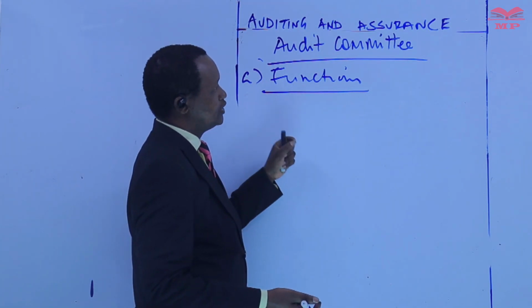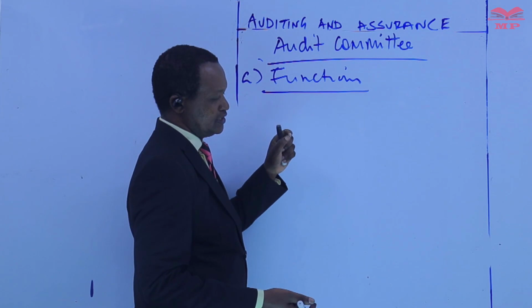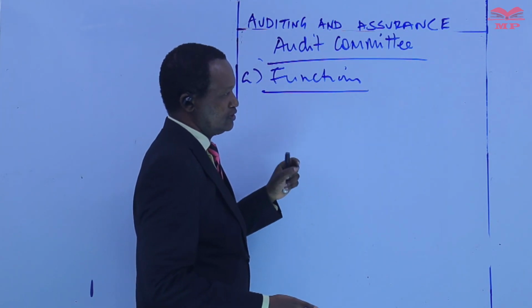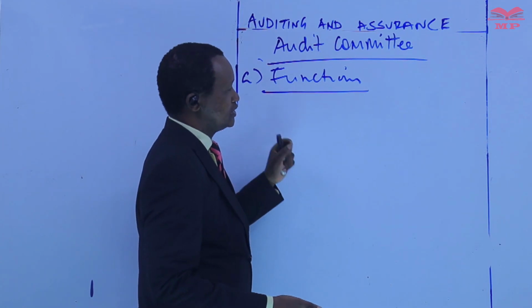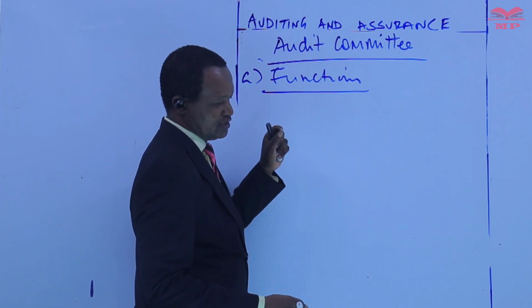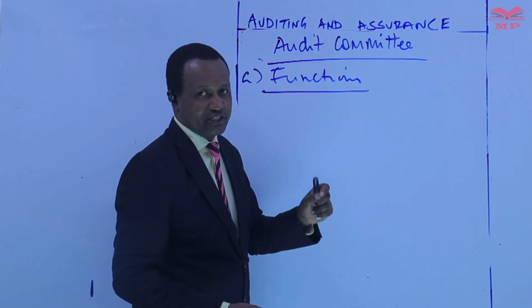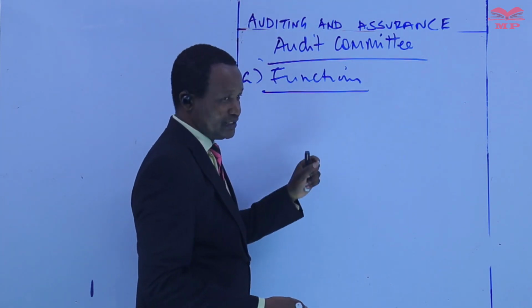So, audit committee is a subcommittee of the board, and the members who sit on the audit committee are non-executive directors. These are independent directors.